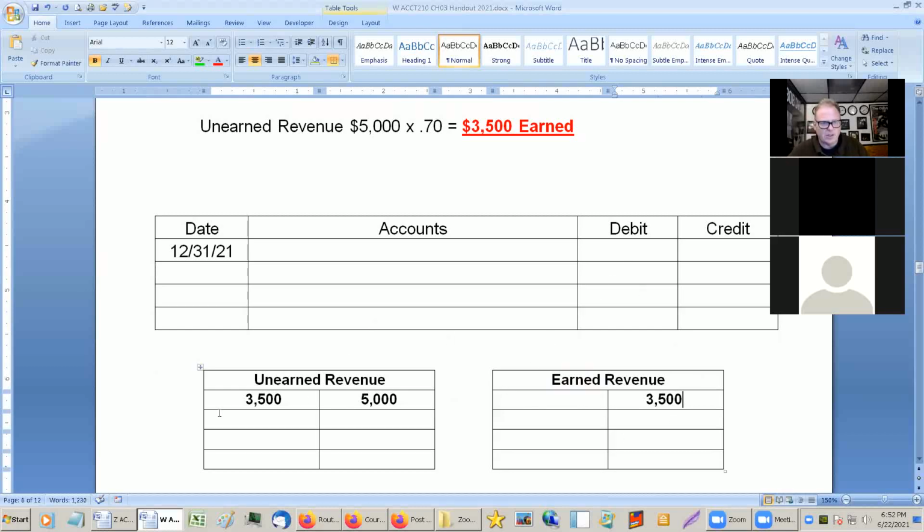Okay, so let's see. So we have to debit the unearned revenue, reducing the liability. And we're going to recognize the revenue.